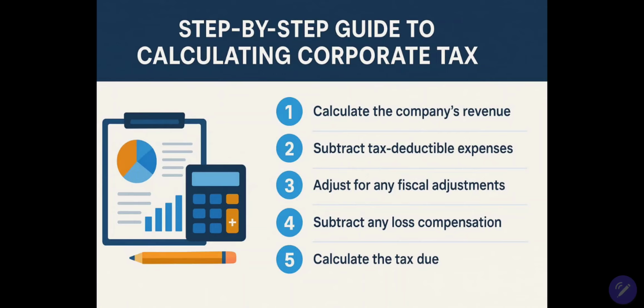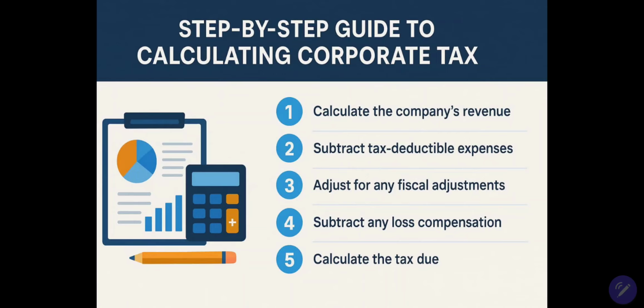Adjust for any fiscal adjustments. Number 4. Subtract any loss compensation. Number 5. Calculate the tax due. Okay, I will give you the example starting from number 1.